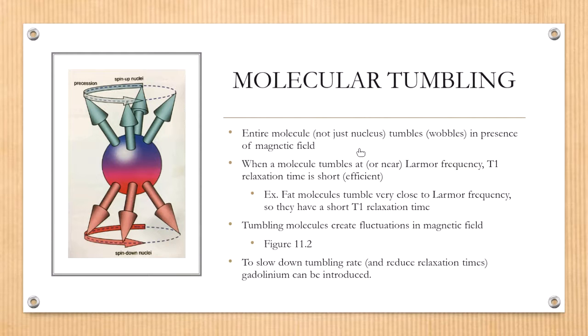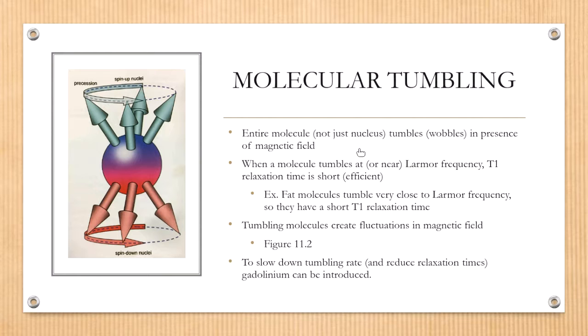Now, what this is pretty much explaining, and the paragraph underneath this image on page 375 actually breaks this down for you, is that as molecules tumble, they either add to or decrease from the total magnetic field. So when we look at this image, we see that there is one instance where the water molecule is aligned with the magnetic field, and one instance where it's aligned against it, so anti-parallel.